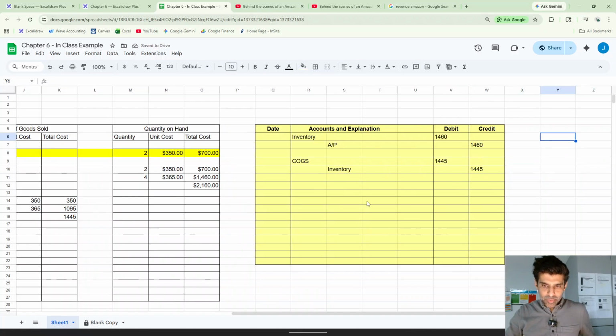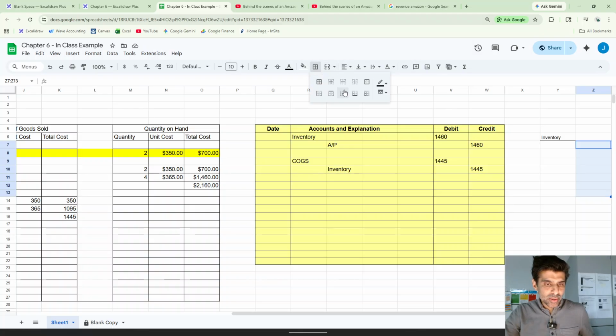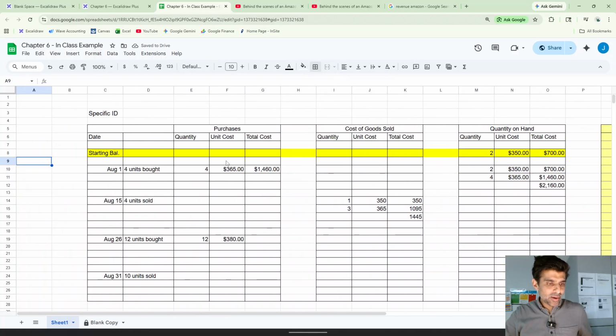So let me just keep a T account going here. The thing it's missing is that it does not have any of the quantities. It's just going to be tracking the dollar amount totals. The extra advantage of this table is that I'm tracking the quantities and their respective unit prices.